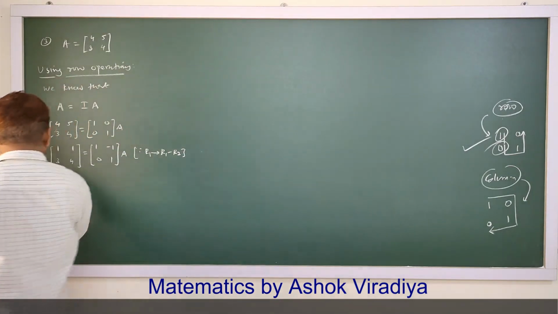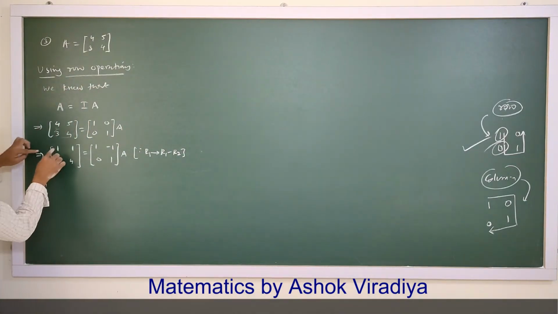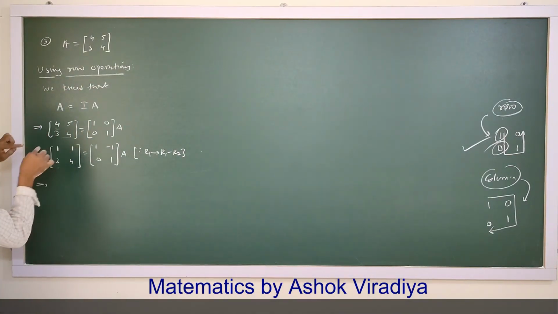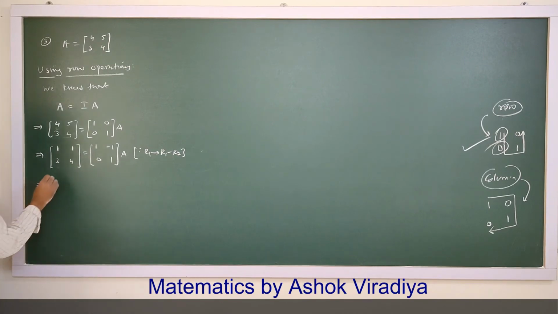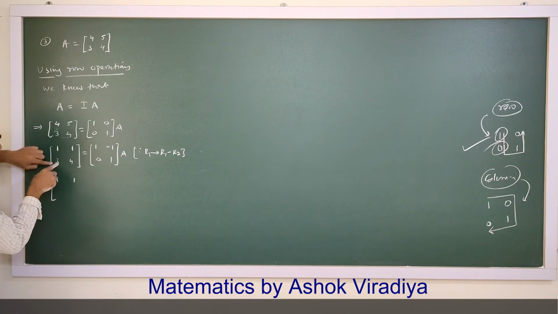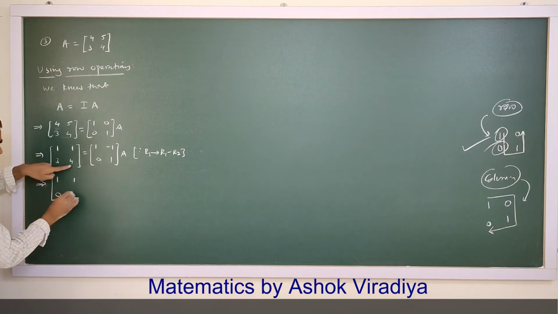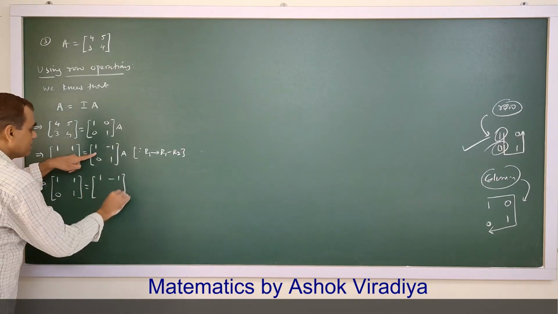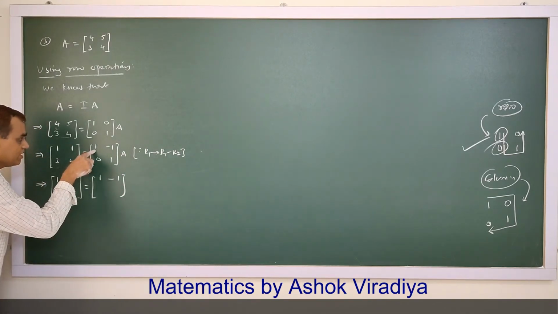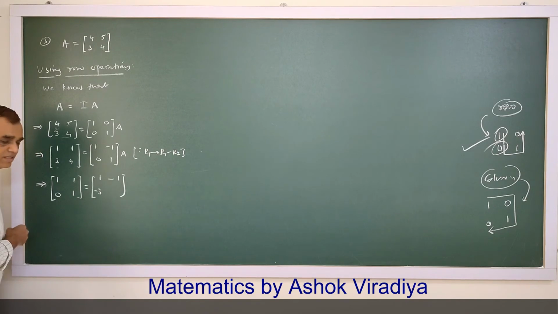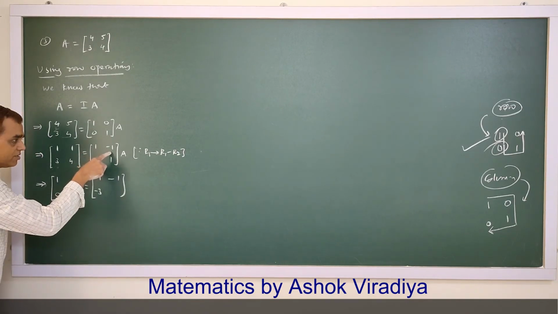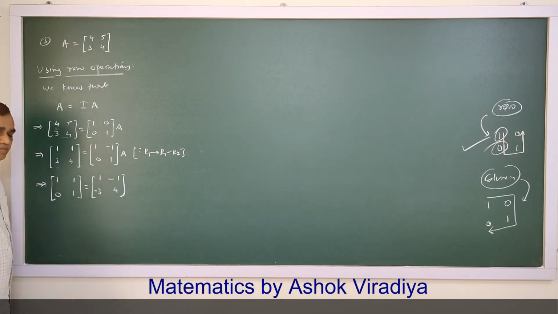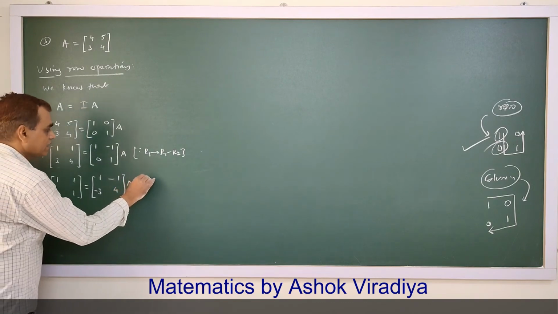To get here 0, first row multiply by 3 and subtracting second row. Multiplying this by 3, subtract here, this will be 0, this will be 1. Same procedure here. Multiply by 3, subtract here, so minus 3, multiply 3, subtract here, so 4, into A.